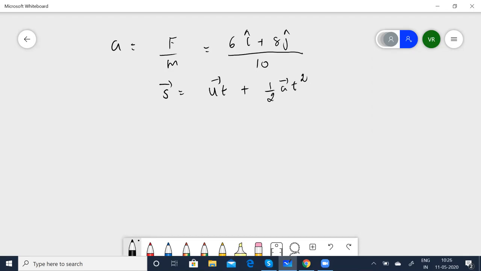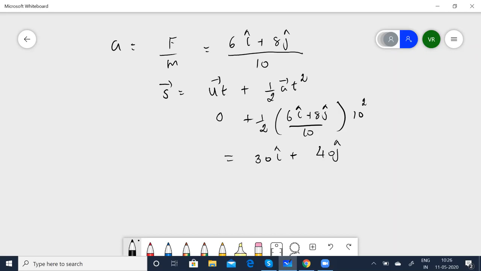But since it is starting from rest, u is 0. So this becomes 0 plus half into acceleration, which is this. We substitute (6i plus 8j) divided by 10, times 10 squared, because time is given as 10. When I simplify this, I get 30i vector plus 40j vector.